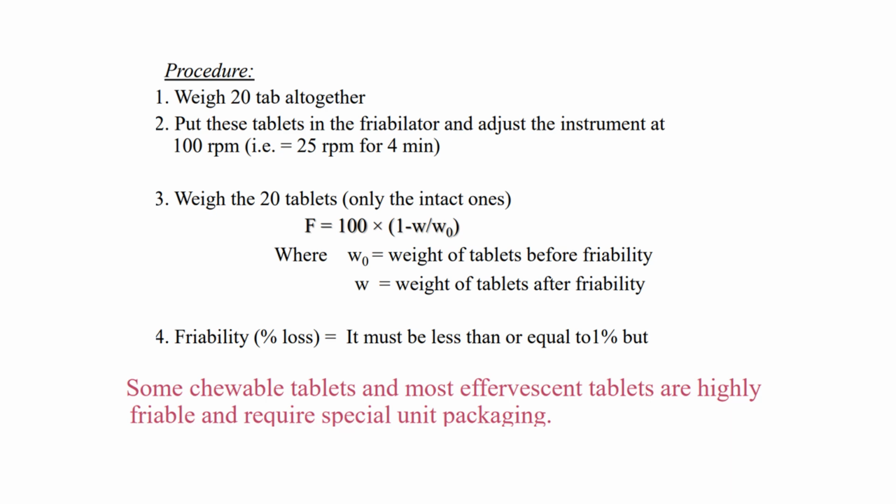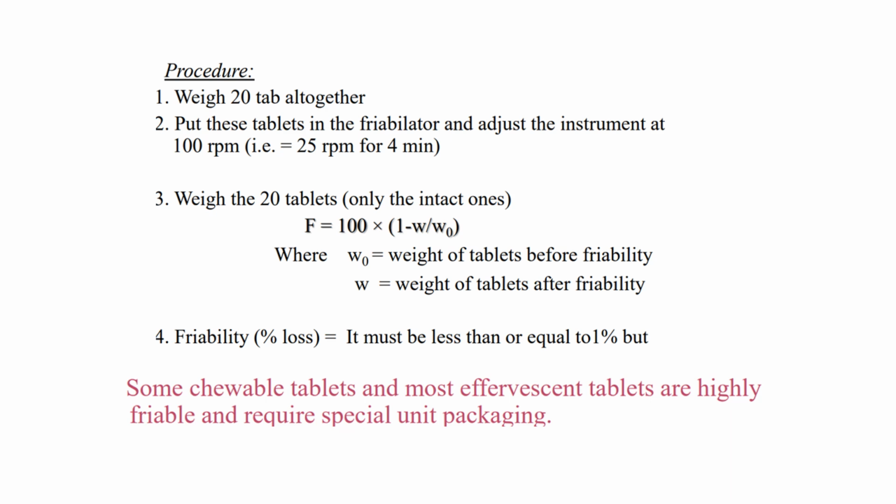20 tablets are weighed together at first, and we put them in the friabilator, and the revolution is 25 rpm for 4 minutes, and after the 4 minutes, we take out the 20 tablets. Then we find the weight again. Then we use this calculation: friability is equal to 100 into 1 minus W by W0.